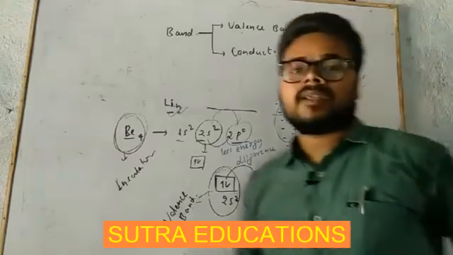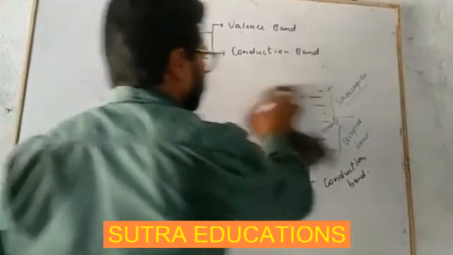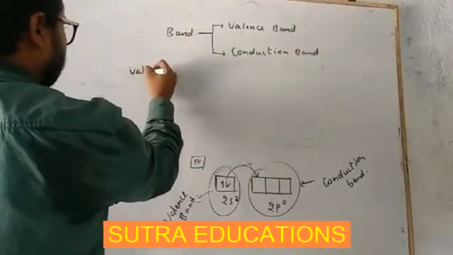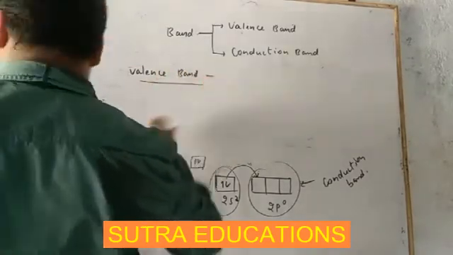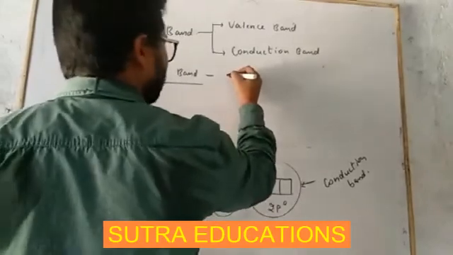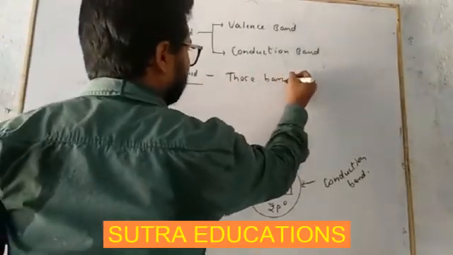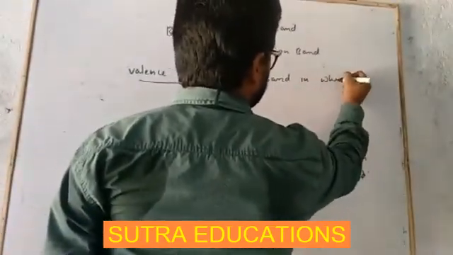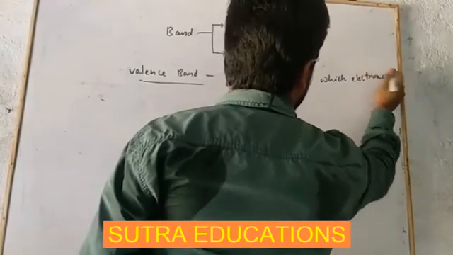Bands are of two types, valence band and conduction band, and I am going to define these bands. Valence bands are those bands in which electrons are present.